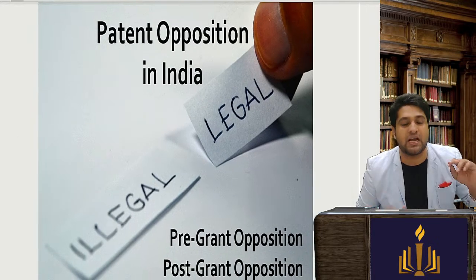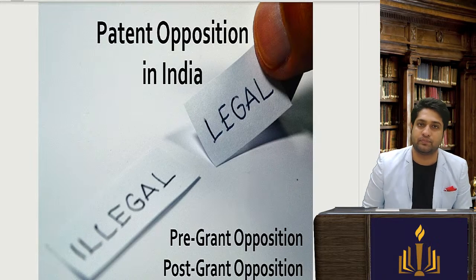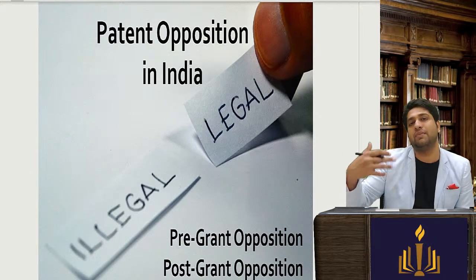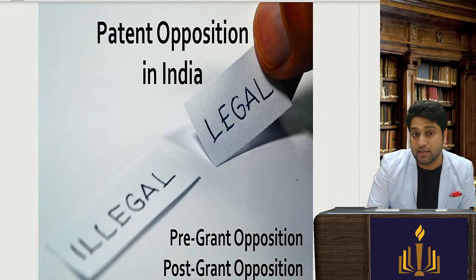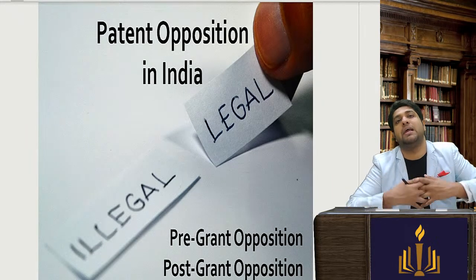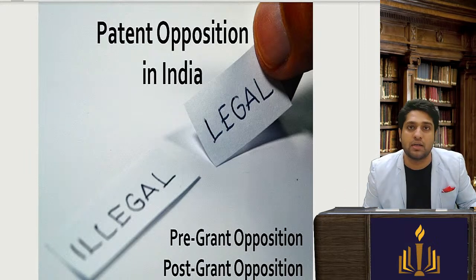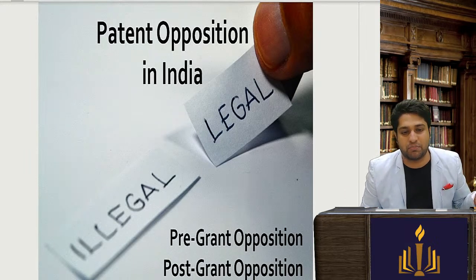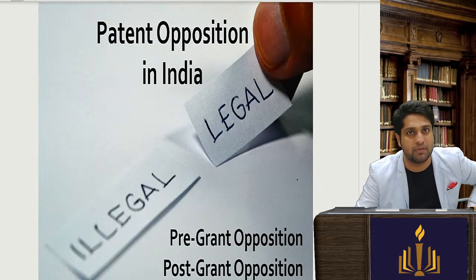Till now, what was happening is, you had given an application for grant of patent. Now you have made an application, the controller asks for information, then he will later make a publication. We also saw that he will make a publication. Once he makes a publication in the patent journal, there is a possibility that an opposition might come.